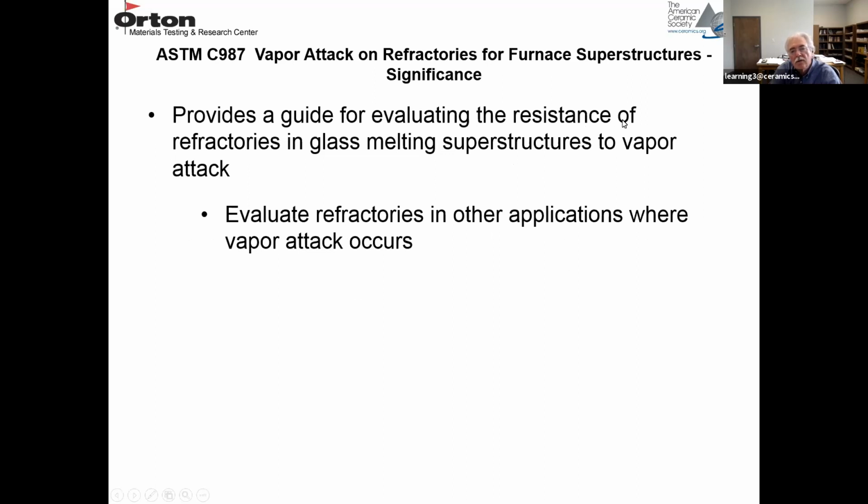So it provides a guide for evaluating the resistance of refractories in glass melting superstructures to vapor attack, and most superstructures are made out of a silica-based refractory. And you can use it to evaluate refractories in any other application where there's a vapor attack issue.